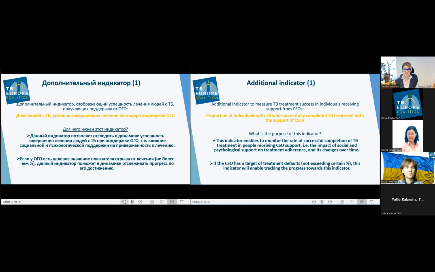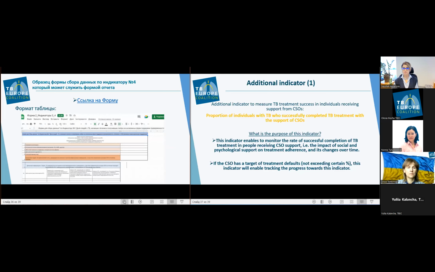And then my question is, what's the role of civil society in data collection for this indicator? I mean, where is the role of CSO? If we ask for this data from healthcare facilities, then how can CSO support quality data collection?